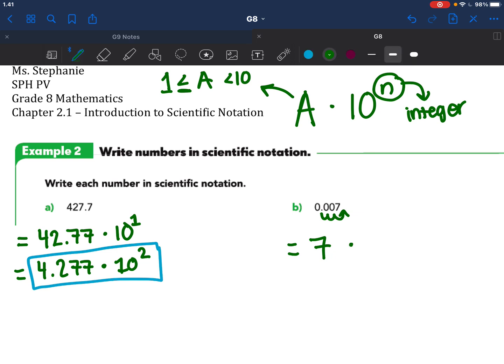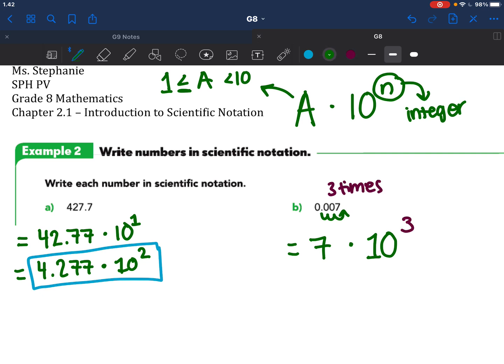Again, if you change something in math, you need to do something else, right? Since we moved it to the right, and it has to be in the form of times 10, the exponent, is it gonna be 3 because we moved it 3 times to the right? Is it gonna be 3?